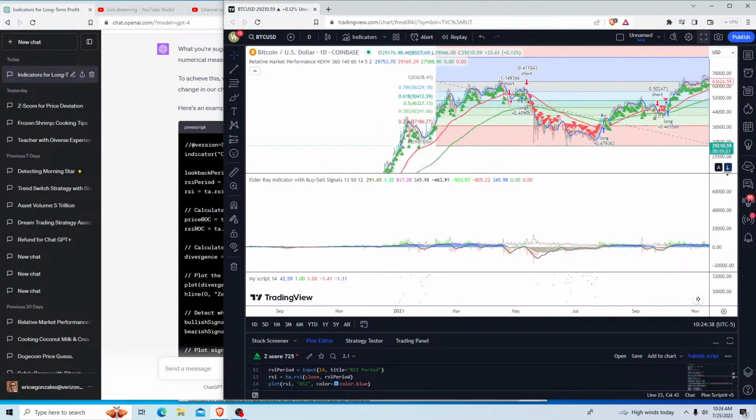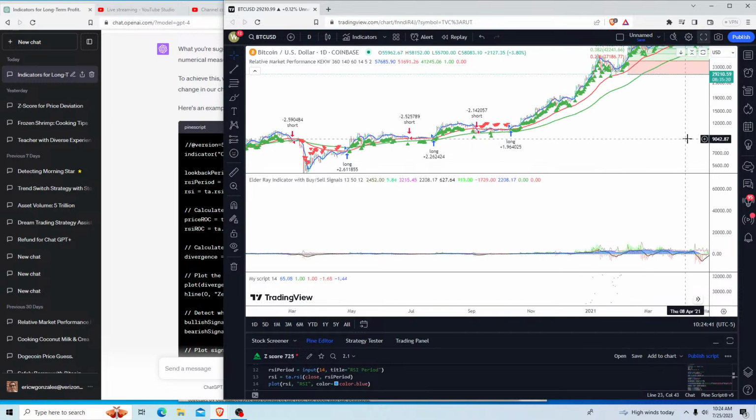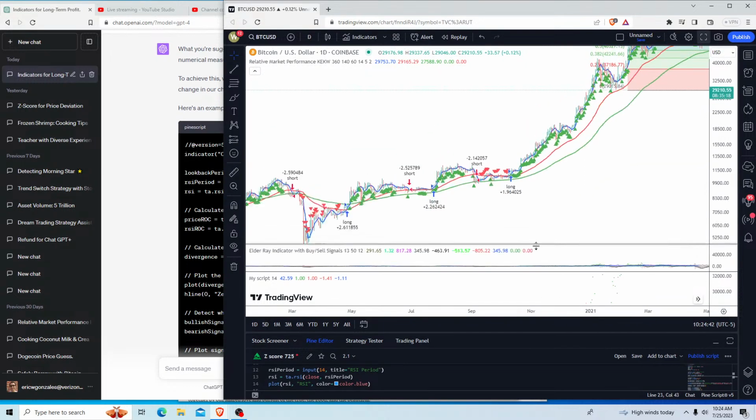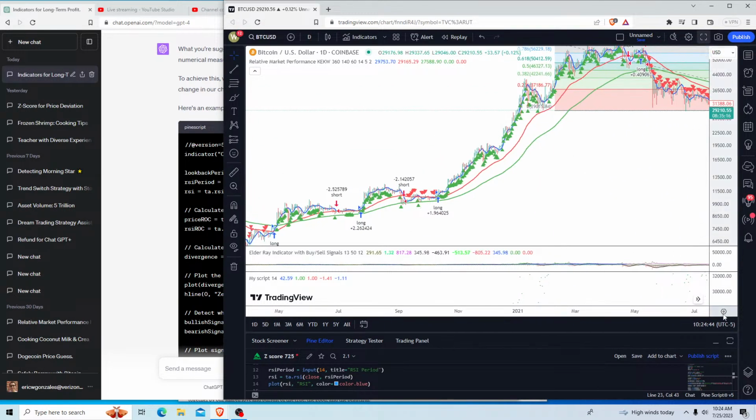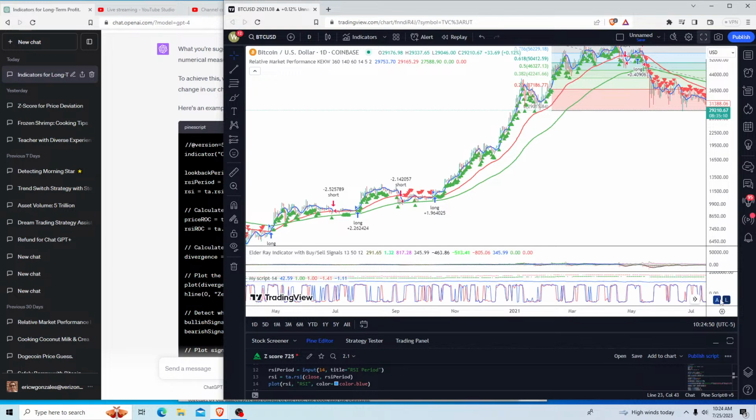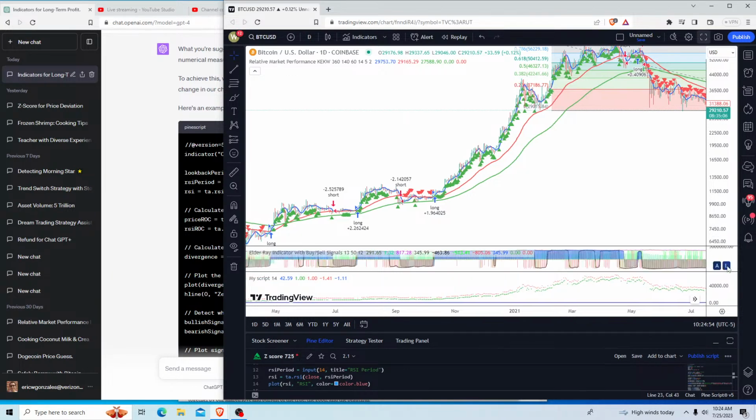Where you have such strong momentum. And let me take off the logarithm just so you can, oh, whoops. No, we don't want... oh God.